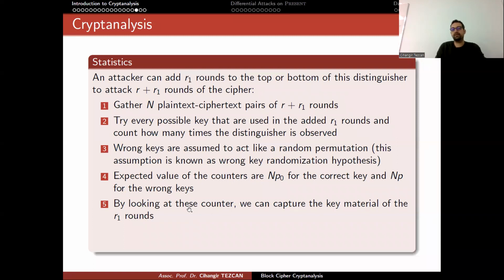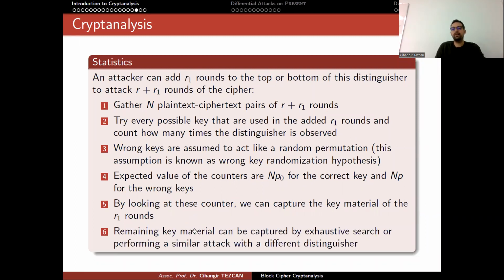So assume that the secret key is 128 bits. If you capture the 20 bits, then now you can perform exhaustive search. But since you already know the 20 bits, your exhaustive search will require 2 to the 108 encryptions, not 2 to the 128. So this way you are finding an attack that's faster than exhaustive search.